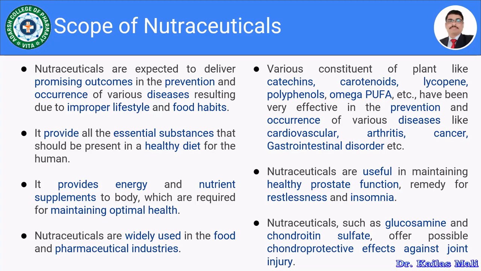There are so many phytoconstituents present in herbs, and all these phytoconstituents have the ability to prevent or treat certain chronic diseases related to the gastrointestinal tract, diabetes mellitus, certain cardiovascular diseases, arthritis, cancer, Alzheimer's disease, Parkinson's disease, and so on.